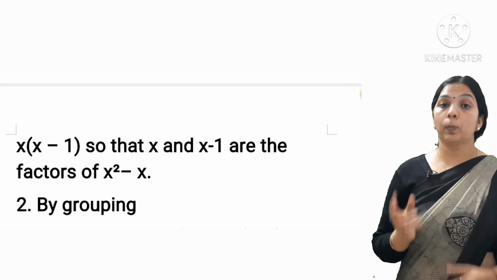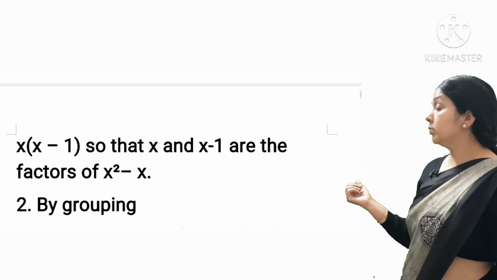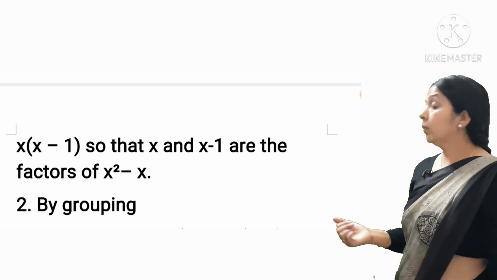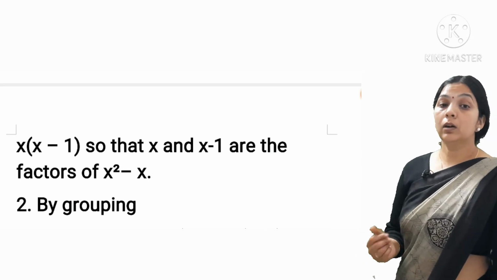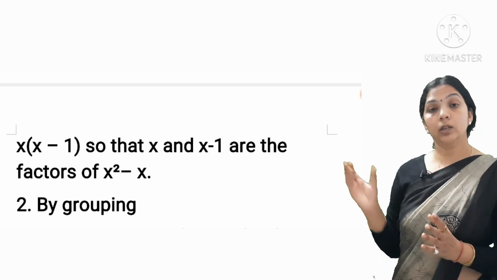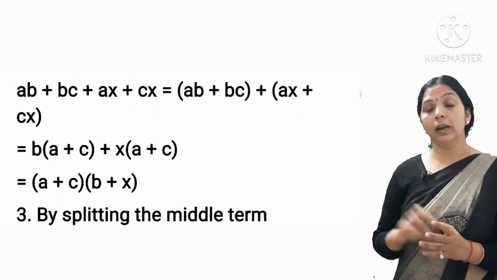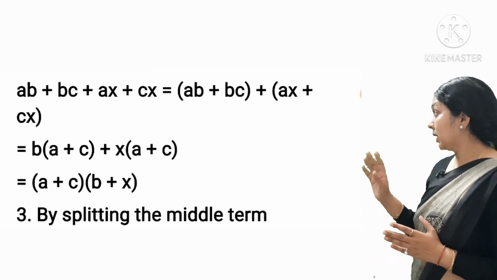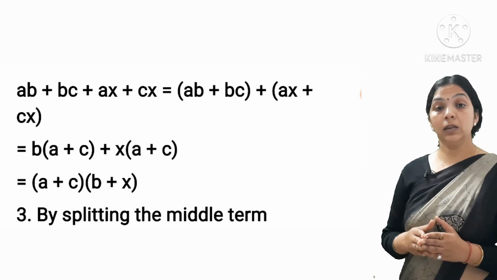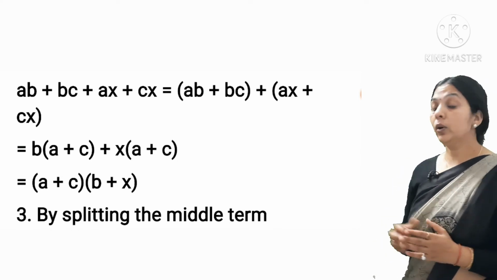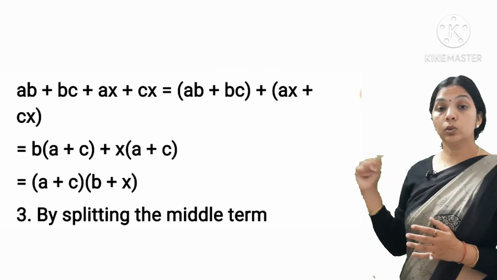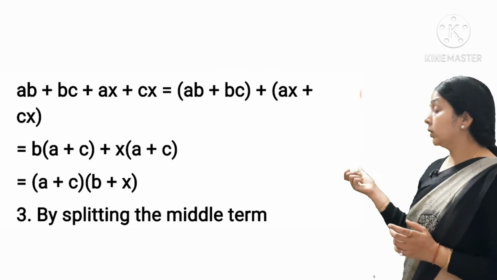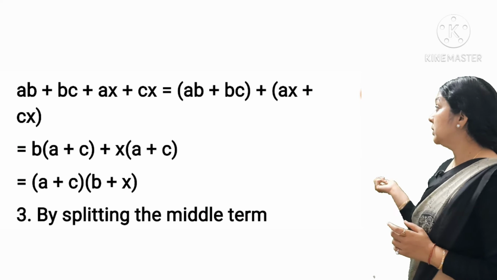The second method is by grouping. If the number of terms in the polynomial is more, then we form groups of those terms, find the common factor, and then make the factors. Let's consider this example: ab plus bc plus ax plus cx. Here we can take two terms, ab and bc together, and ax and cx together.